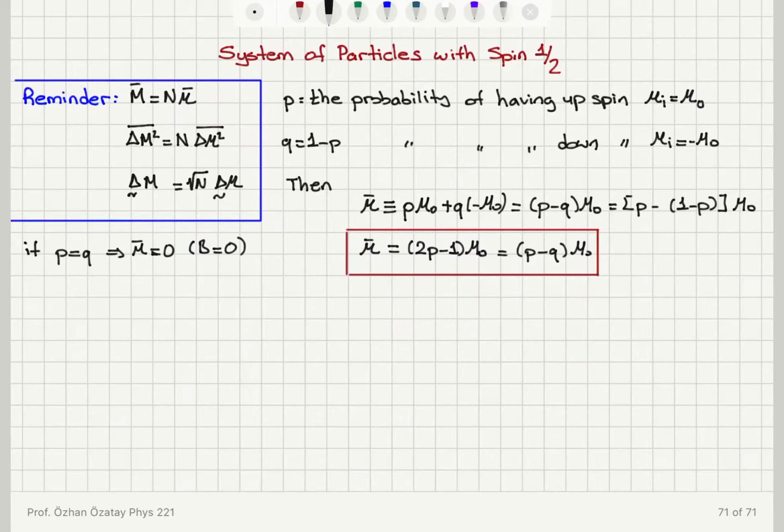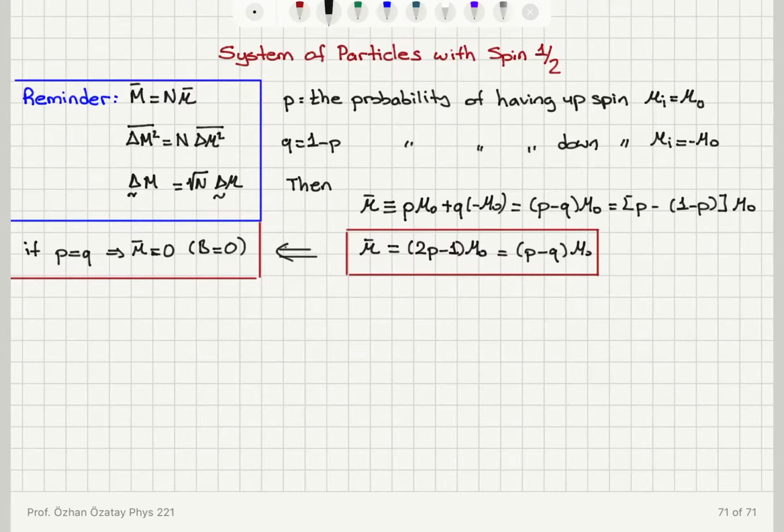So that means the external magnetic field is 0. Okay, this is for this scenario, so I have checked this one here. That's what this answer suggests.